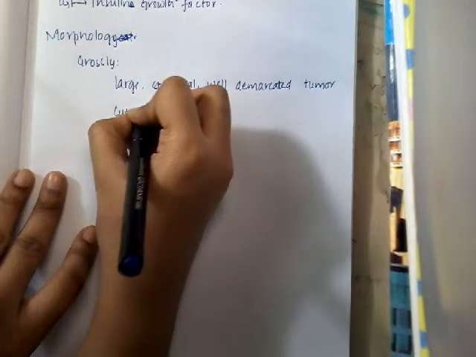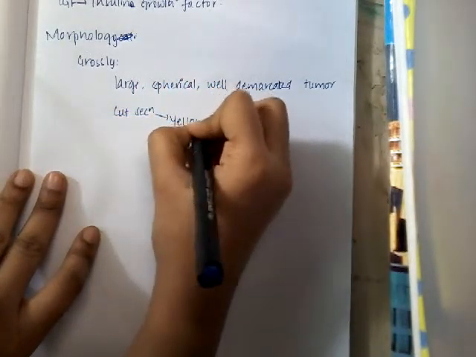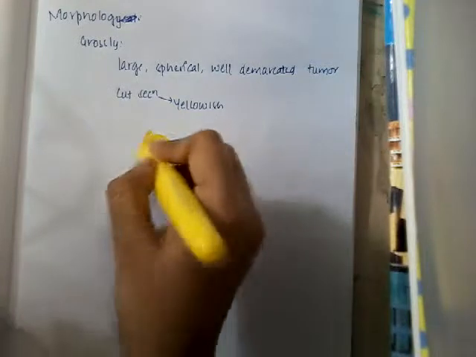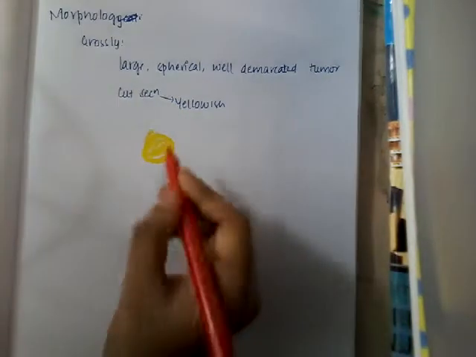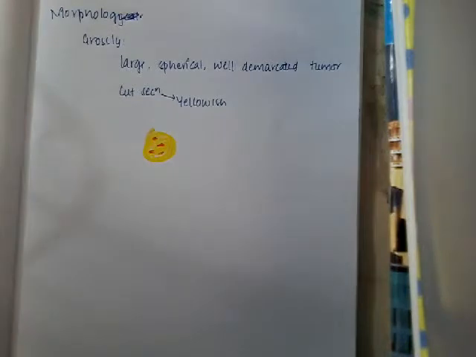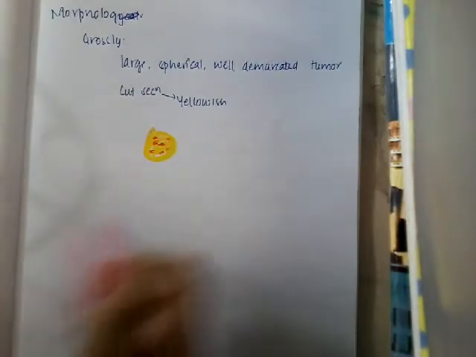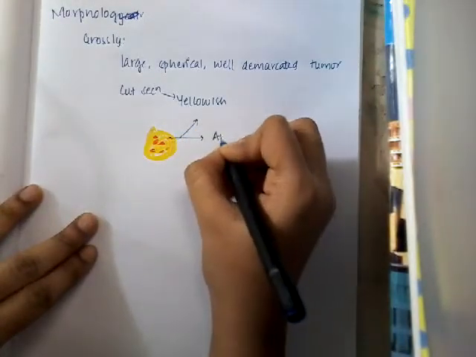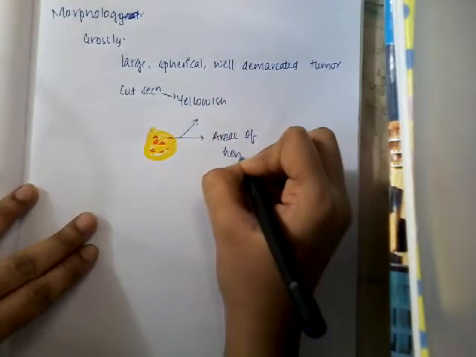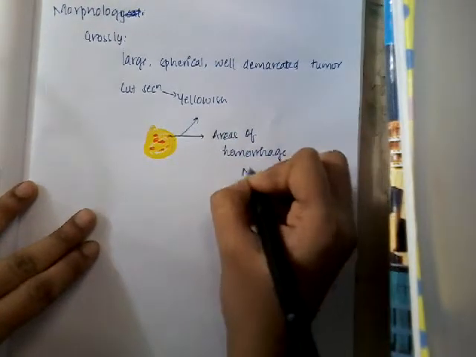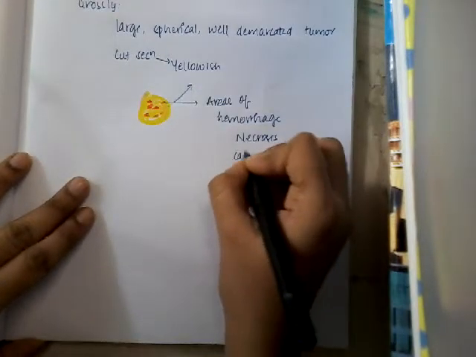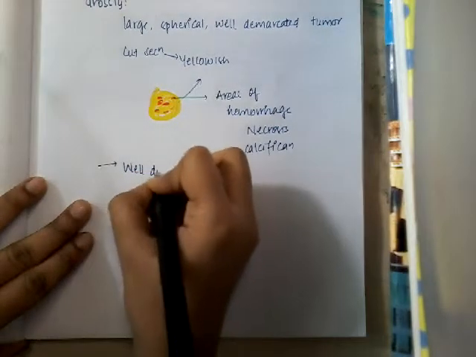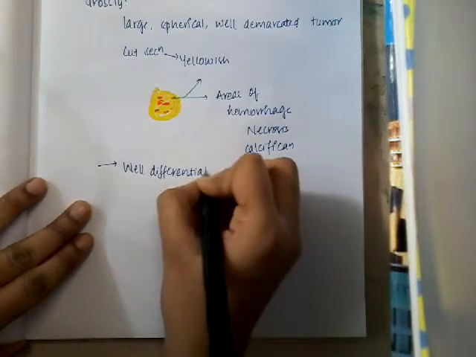If you see the cut section, it is yellowish in color with areas of hemorrhage, and also necrosis and calcification. It can occur from well differentiated to anaplastic growth.